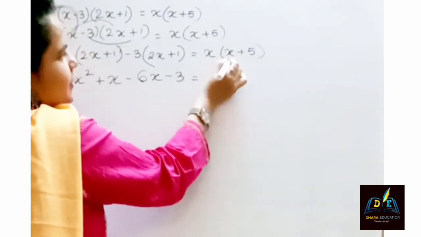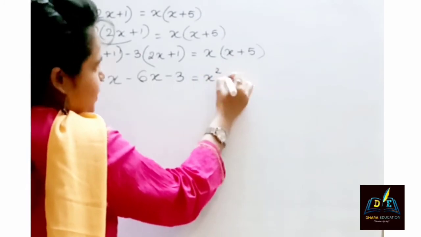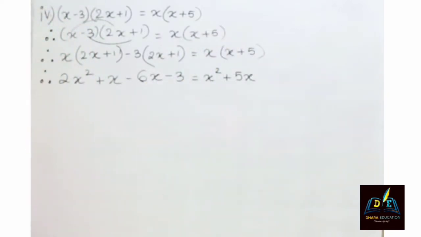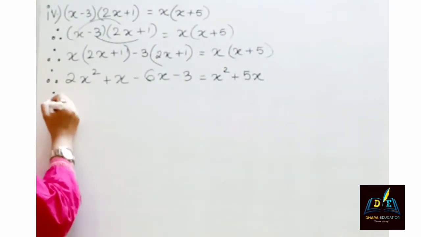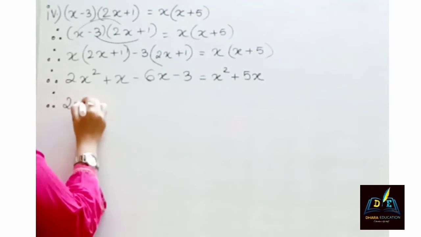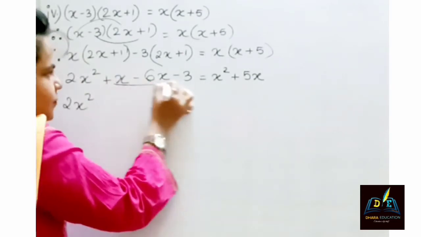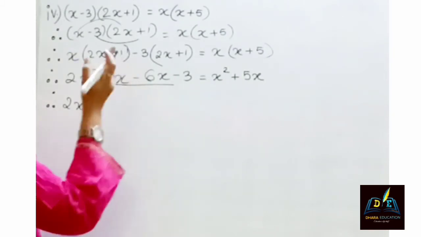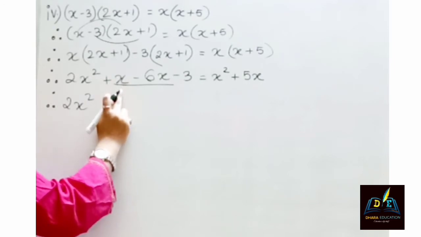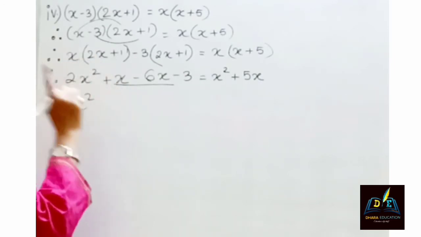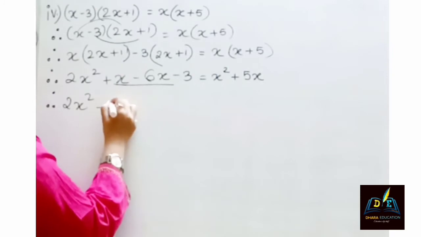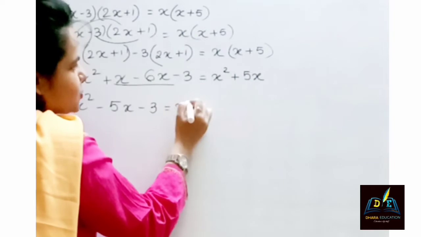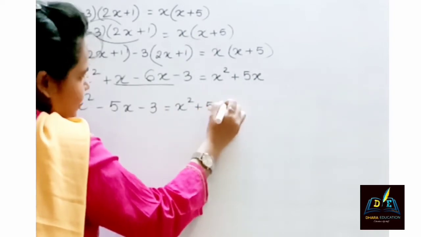Now x multiplied by x gives you x square, plus x multiplied by 5 gives you 5x. Okay. Next step: 2x square as it is. Then we can do this, that is plus 1 minus 6x gives you how much? It is minus 5x, because the variable value is 1 only. So it will act as minus 5x minus 3 is equals to x square plus 5x.